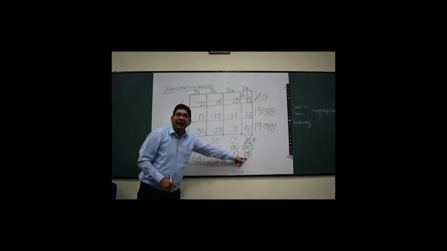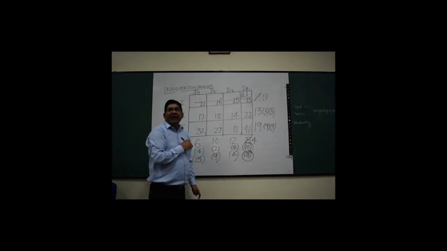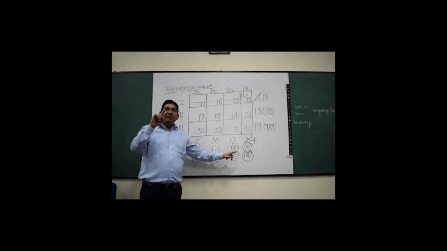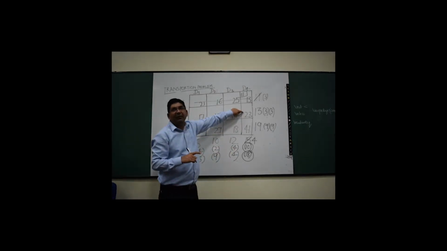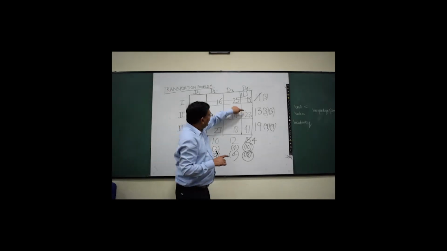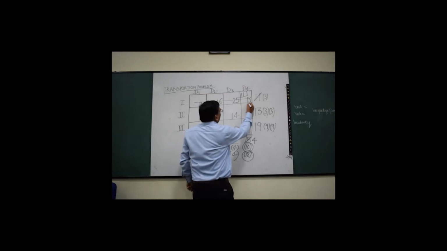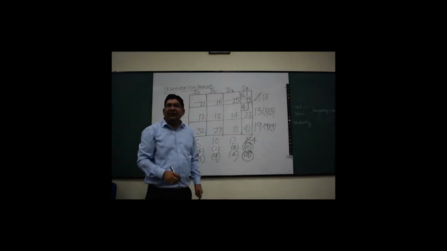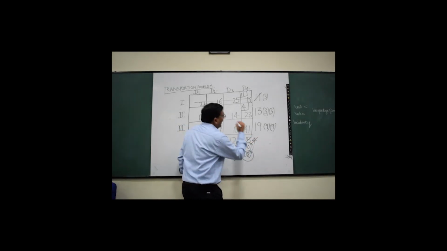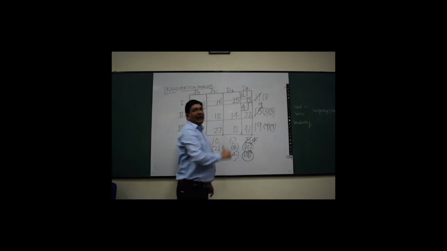This is 18. So we'll encircle this and find the minimum per unit cost in this column. This is the minimum per unit cost. We'll allocate the minimum of 13 and 4 here. So the requirement for the fourth destination is complete, and the availability left here is 9.